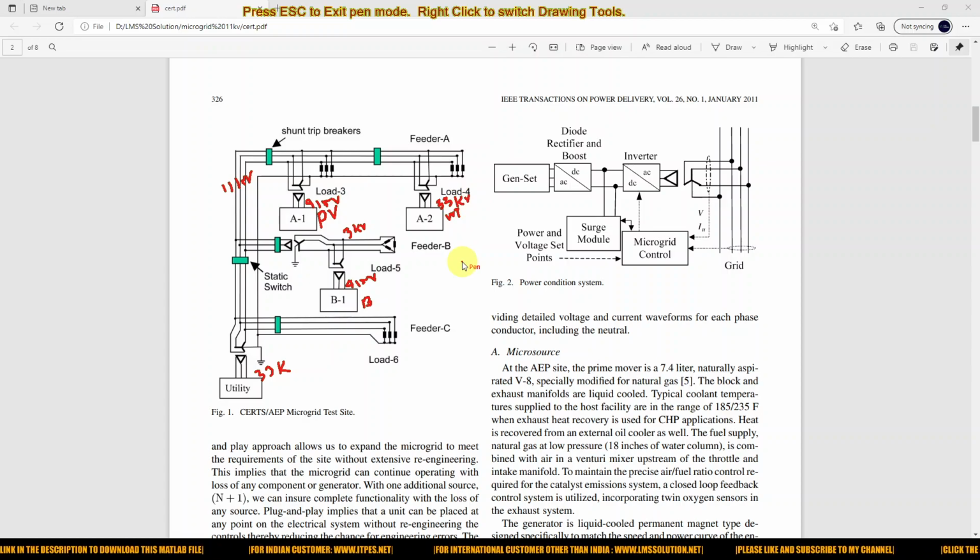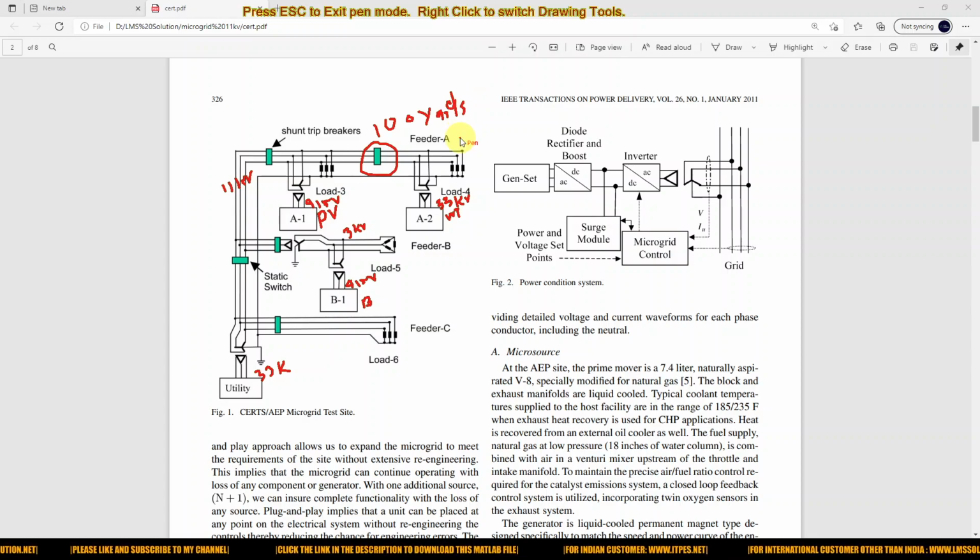Then you have to use different loads in the feeder, and feeders A1 and A2 are connected, and the distance between A1 and A2, the length, is equal to 100 yards. So this is going to be implemented in Matlab.